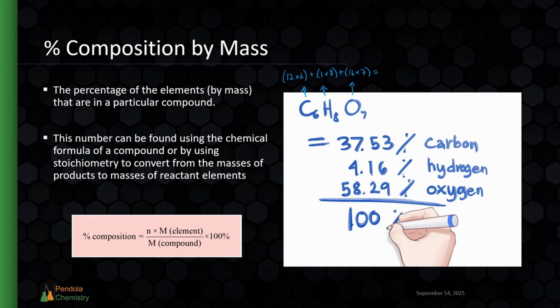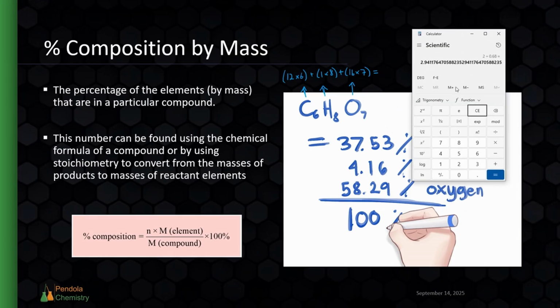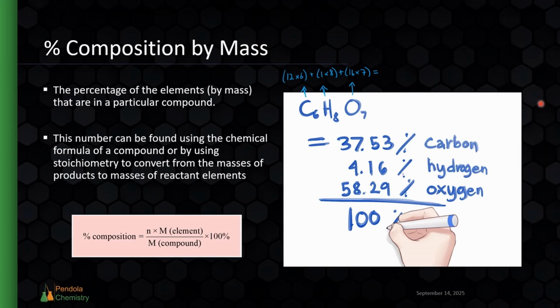So, if I bring over my calculator, we have 12 times 6 plus 1 times 8 plus 16 times 7. Let me do this again: 12 times 6 plus 1 times 8 plus 16 times 7 gives us 192 is the molar mass of the compound.